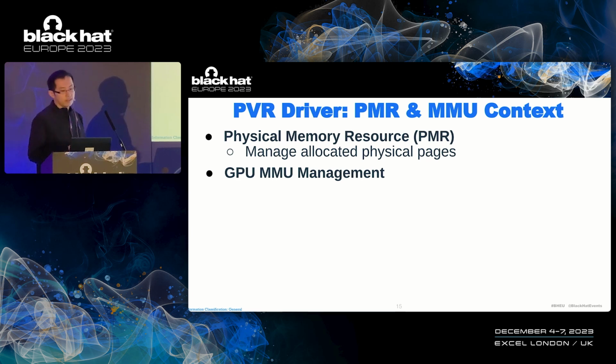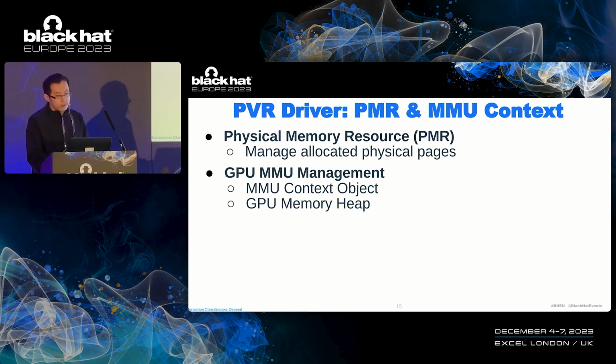And next, for instance, to map physical pages to the GPU, you have to establish a GPU MMU context and allocate a heap object, specifying the range of GPU memory we want to use in the future. And similar to some Windows allocators, the caller also has to reserve a range of memory inside of the heap memory, as the reserved memory will be committed in establishing the GPU mapping.